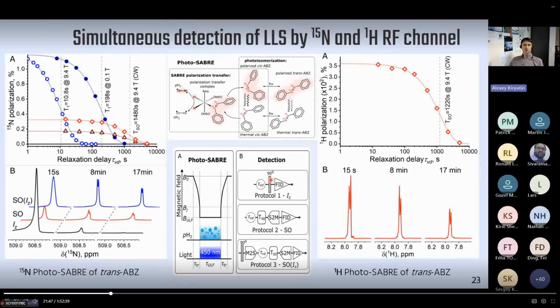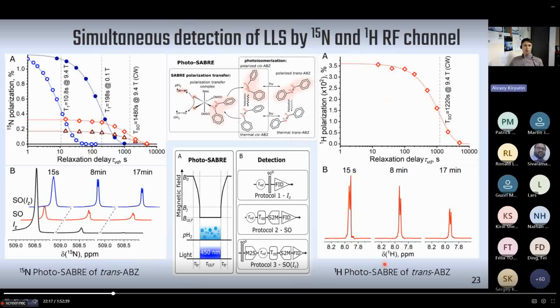The last slide shows the spectra of trans-azobenzene and the relaxation kinetics on a logarithmic scale for magnetization at 9 Tesla, at 0.1 Tesla, as well as the decay kinetics of long-lived spin order in high field under double RF spin lock. It is clearly seen that the LLS signal persists even after 17 minutes, while the magnetization has completely decayed.